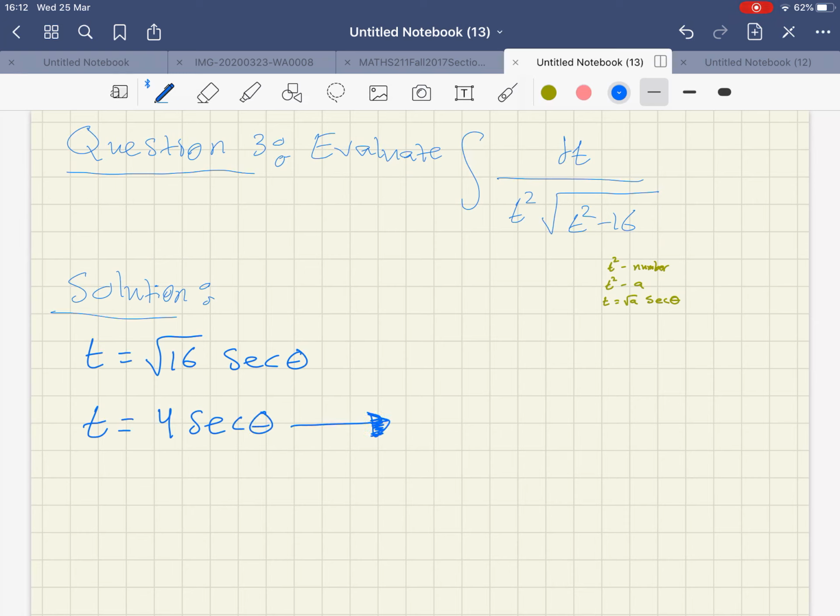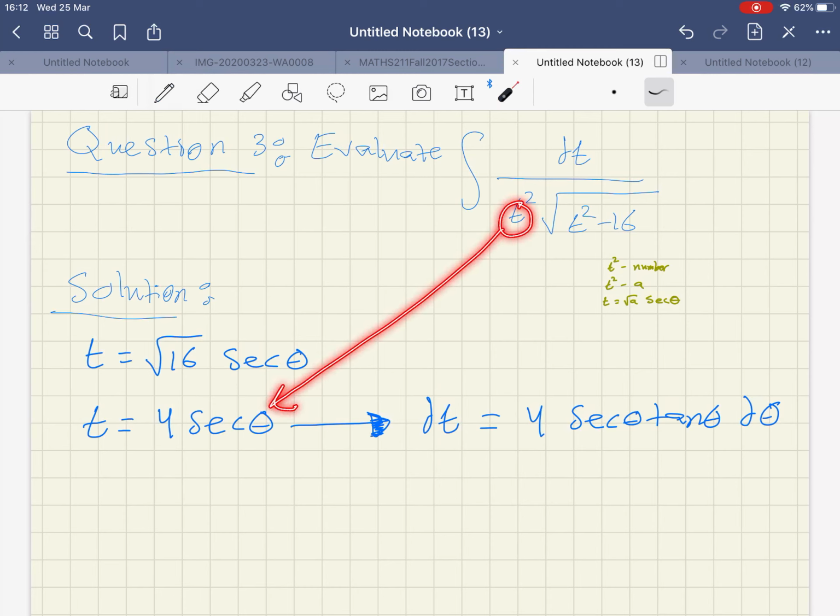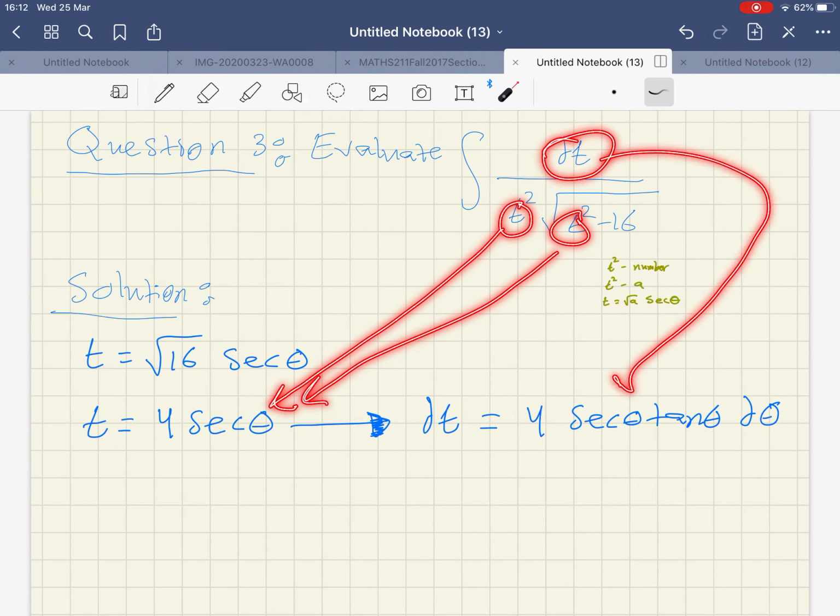And that would give me that dt, the one that is in the numerator, is equal to the derivative of secant, which is secant theta tan theta d theta. Now we take this information, we replace every t by 4 secant theta, and we replace dt by 4 secant theta tan theta d theta.